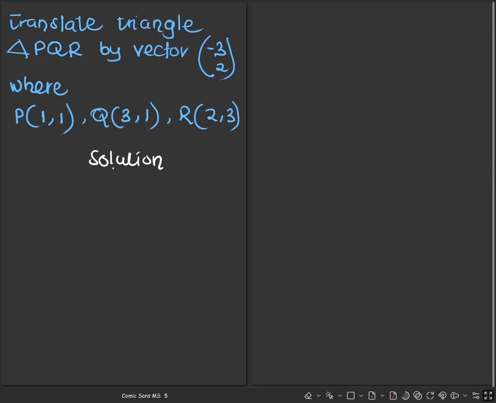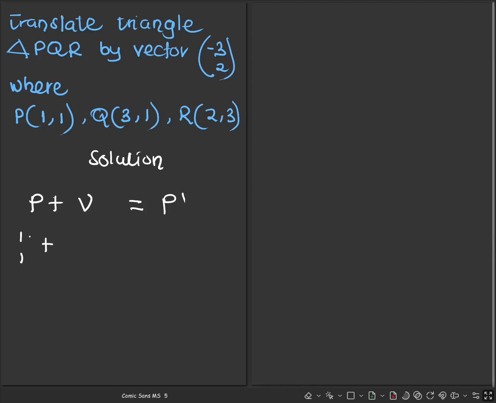So as I said earlier on, we are going to translate each and every point. And we know that starting with the P, we know our translation vector to be negative 3, 2, right? So if we add P to our translation vector, we are going to get the P prime. So coordinate of P is 1, 1.